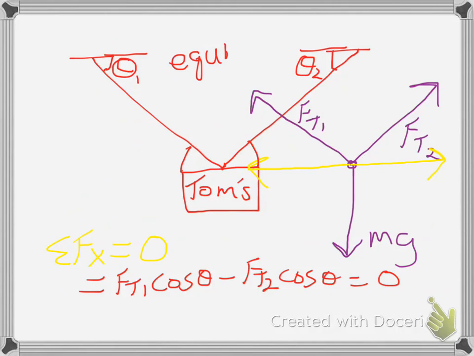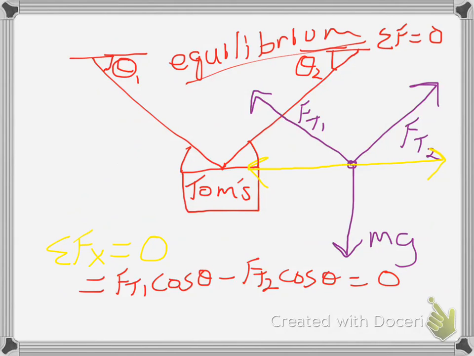That should be an I. E-Q-U-I-L-I-B-R-I-U-M. So when in equilibrium, then we know that the sum of all forces equals 0. So there I just summed all the forces along the x, and then what can you say about the y?